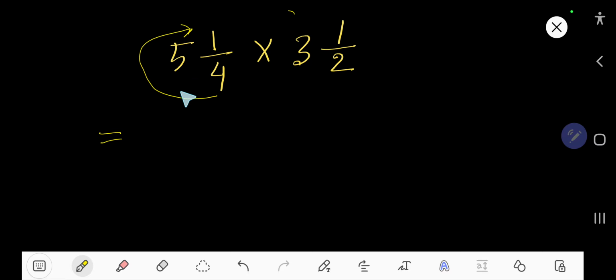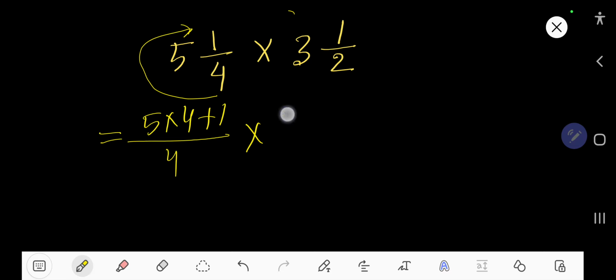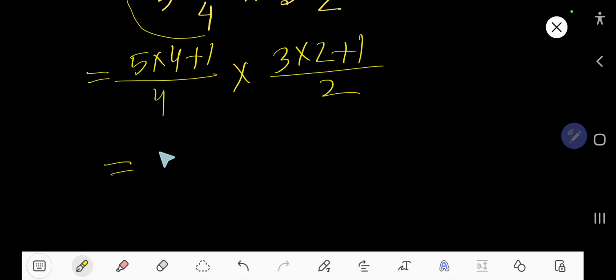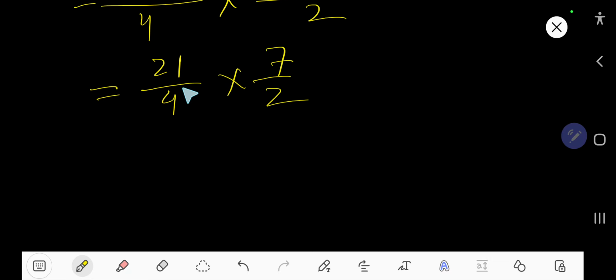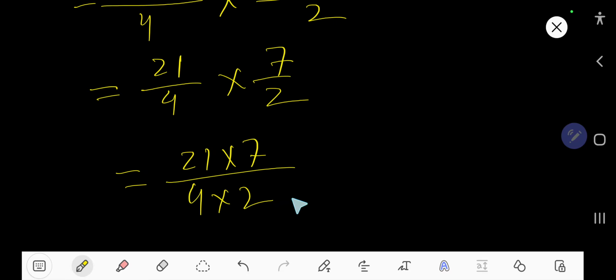So you need to multiply whole number times denominator plus numerator, and you have to take the same denominator. 3 times 2 plus 1 divided by 2. So 21 divided by 4 times 7 over 2. Now you have to multiply top to top, bottom to bottom. 21 times 7, then 4 times 2.